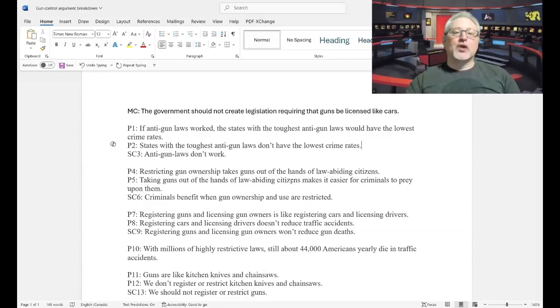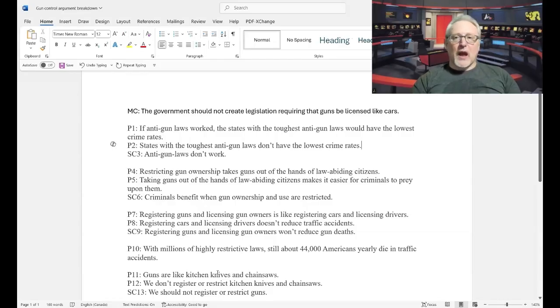Why did I add the numbers? Well, the purpose of the numbers is to make it easier to refer to them. So for instance, we decided that this one here, P10, it's a bit awkward having to say "this one" all the time. So it's helpful to be able to call it P10, but that's not even my point. We decided that P10, which says with millions of highly restrictive laws, still about 44,000 Americans die in car accidents, was in support of P8.